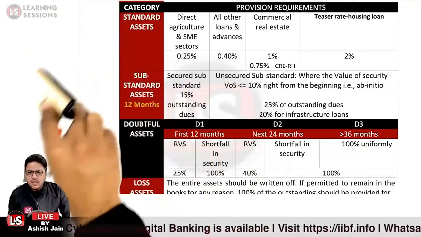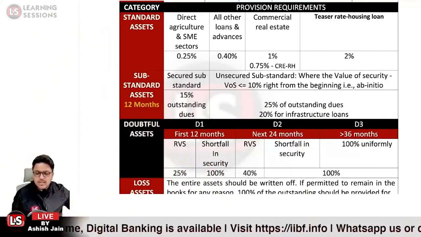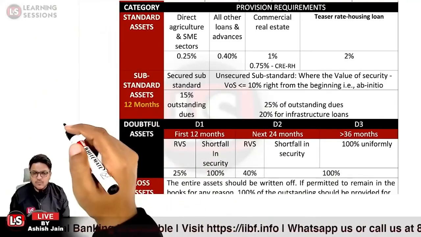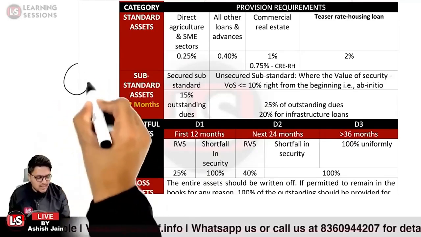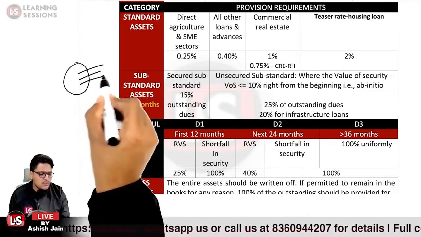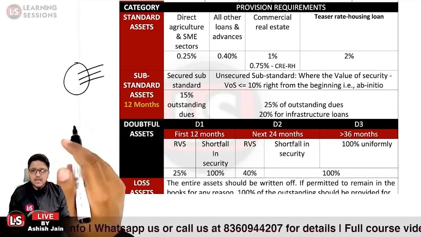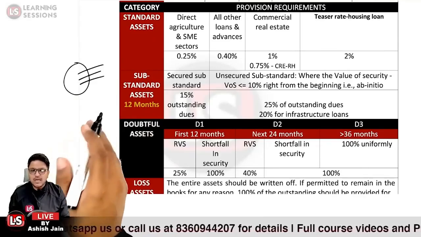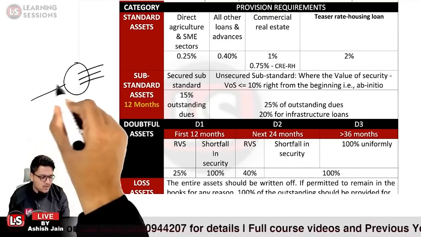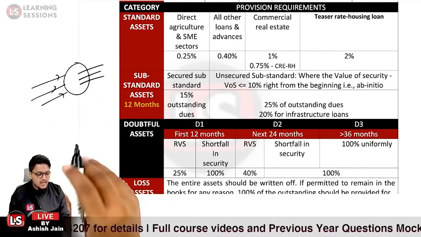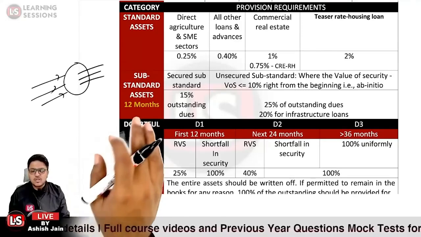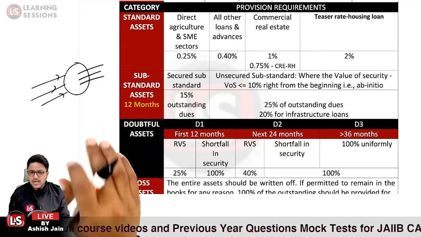Now a question is asked: why is provision to be created? Let us take the case that banks are lending money to borrowers. The banks do not have their own funds. These funds belong to the depositors, against which the loans are sanctioned.